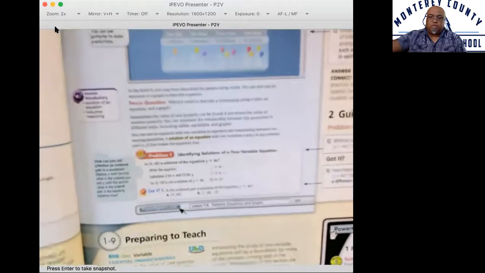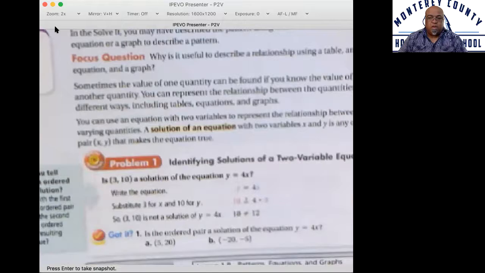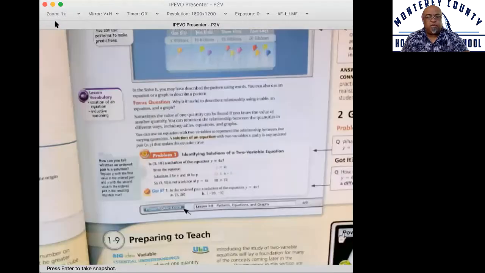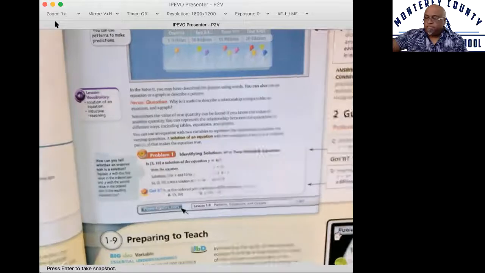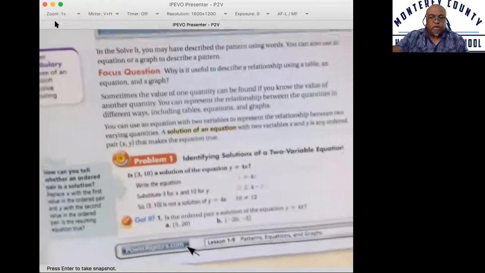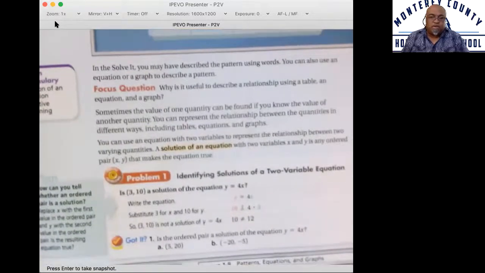I'm going to try to see if I can focus better. Still not coming in much better. Okay. Well, let me jump out of this 2x zoom. What I can do is just move my camera closer so that way you can see it without it being blurry. I hope that's better. I'm sorry for wasting class time like this.